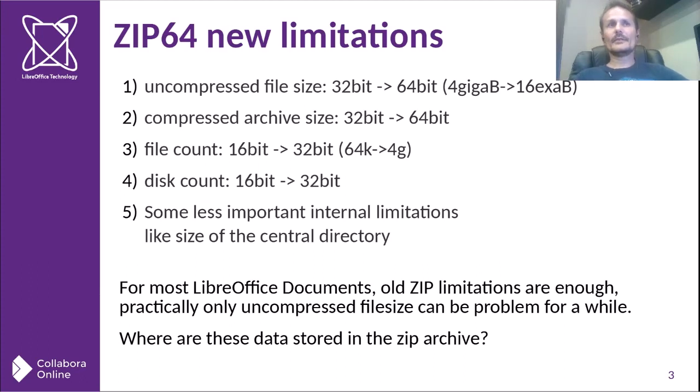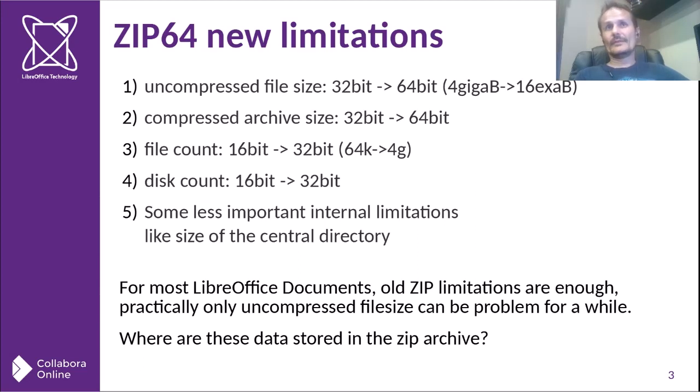Another extension is the disk count. It's really not important for us. It's from the old times when we had floppy disks, and we had to copy files bigger than what fit on a floppy disk. So zip had a feature, and still has it, that it can split the zip archive into multiple parts, so we can copy those smaller parts onto the disks.